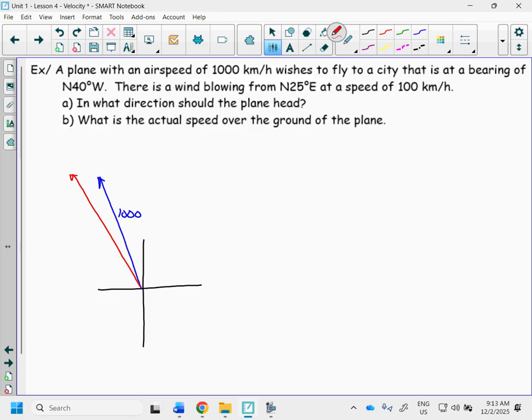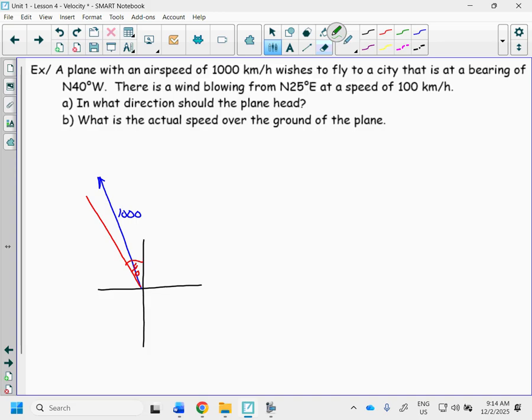And that is north 40 west. I'm going to put the 40 across it in red. How is it going to end up there? Well, there's a wind that's pushing it. Probably made that a little bit long. The wind is blowing from north 25 east.